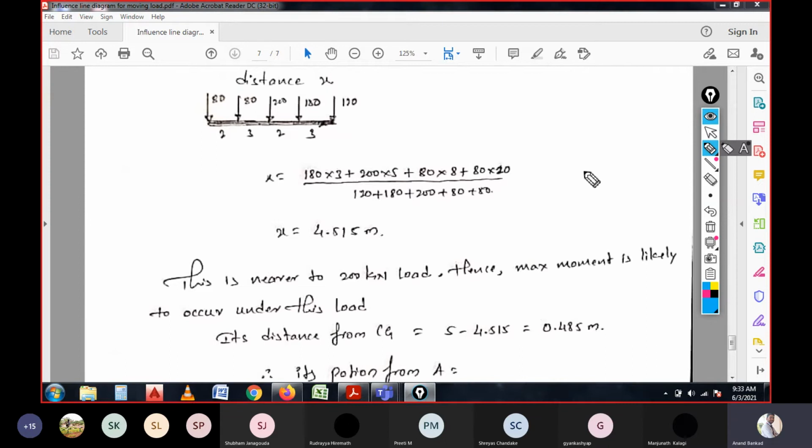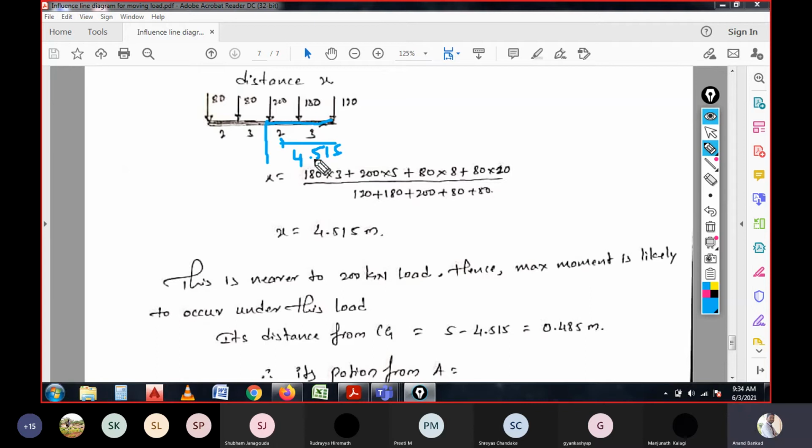So if the load is at a distance from the support to here, it is 4.515. This is the total distance from the support, and the total distance to the load is 5 meter.